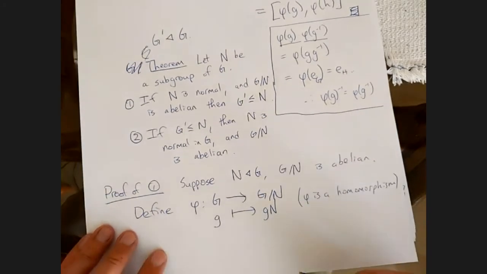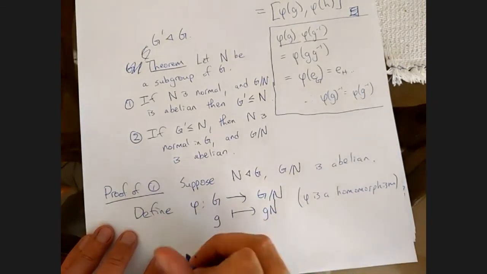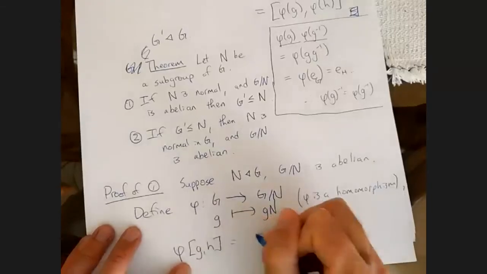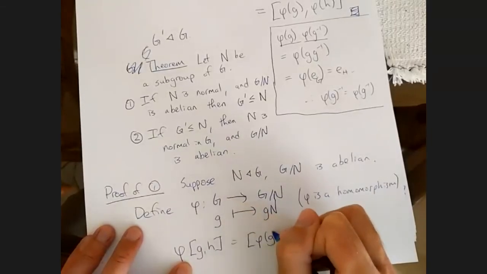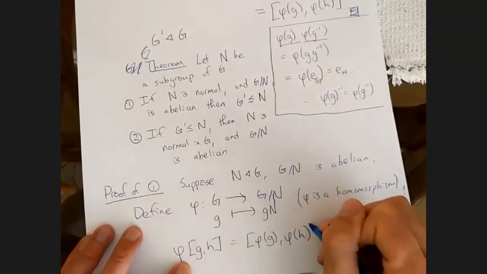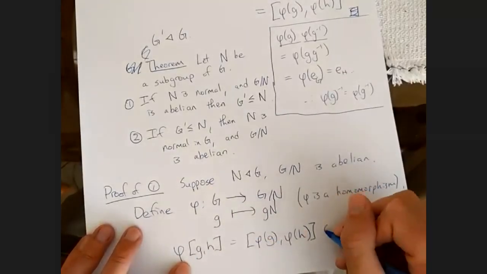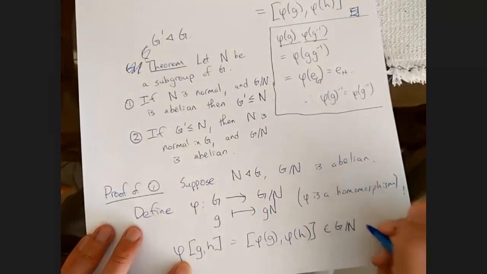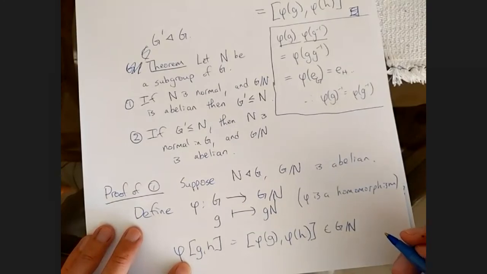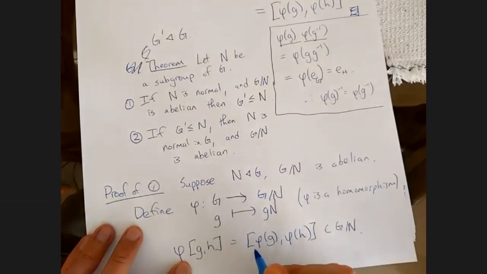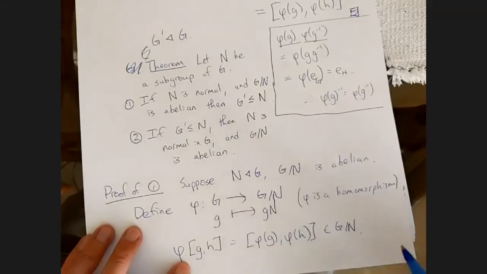Now we know that homomorphisms preserve a commutator. And so phi of a commutator is this commutator, which is in this group. But by hypothesis, G mod N is abelian, and in an abelian group, commutators are trivial.